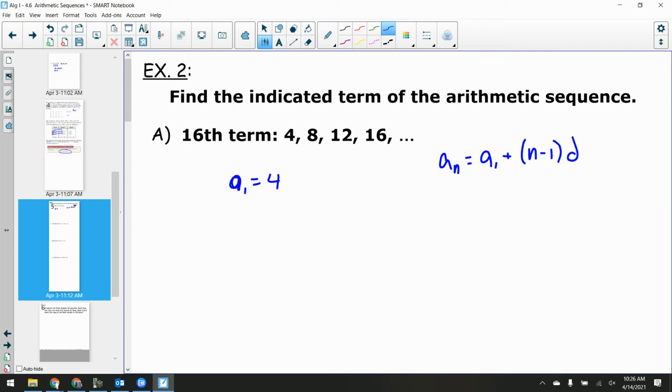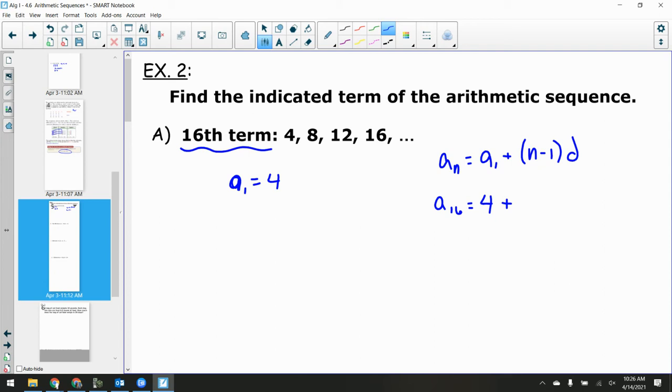All right, so what I'm looking for here is I want A sub 16, right? That's what this is asking for. How do we know 16? Because I'm looking for the 16th term. A sub 1 is 4. What is n again?